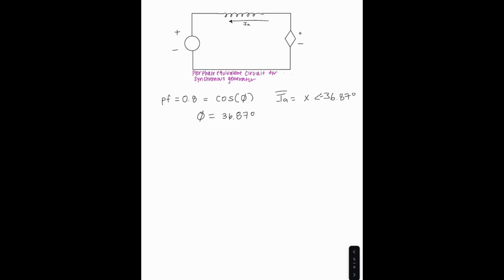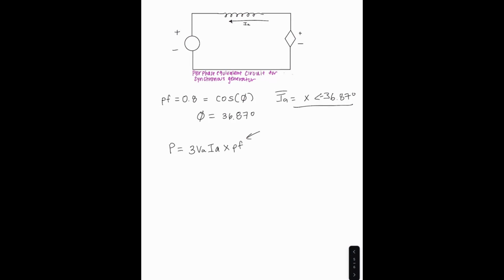So we know that the active power is 3 VA IA times the power factor. So we can just plug in these values to get IA. These are the magnitudes since we don't need to use the phasor since we found the angle, right?